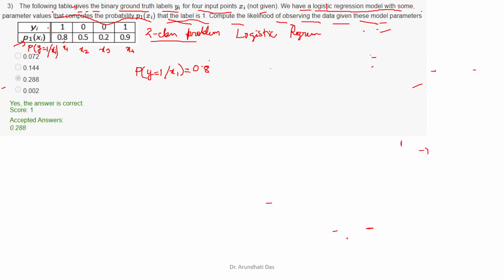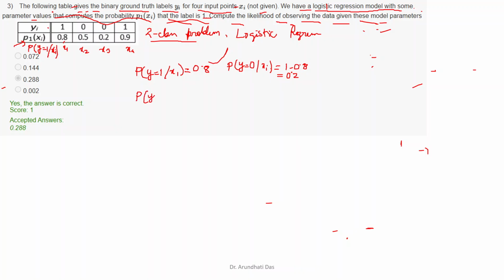Because it's a two class problem, we can also compute the probability that the class label is 0, that is 1 minus 0.8, which is equal to 0.2. But this is not required right now for this problem.